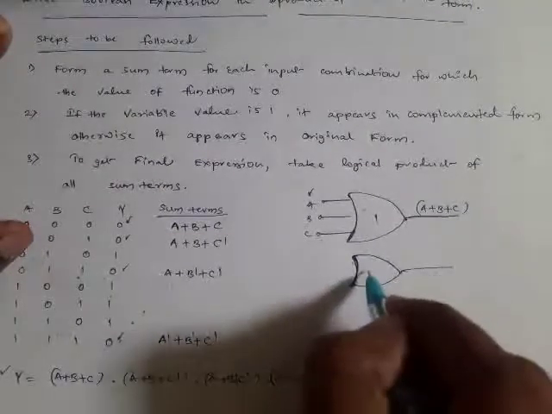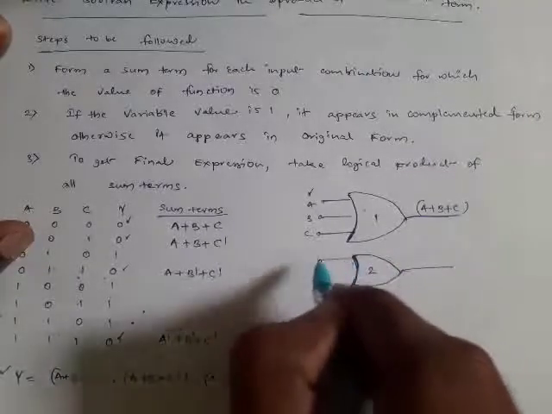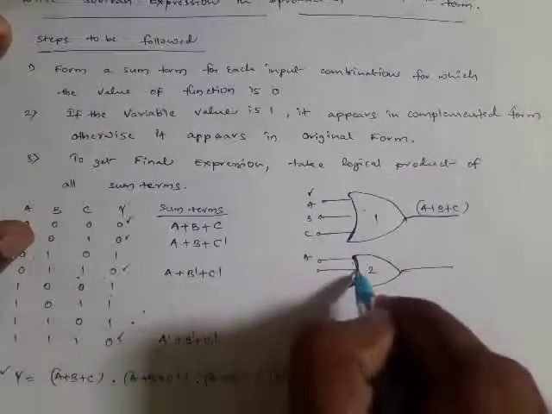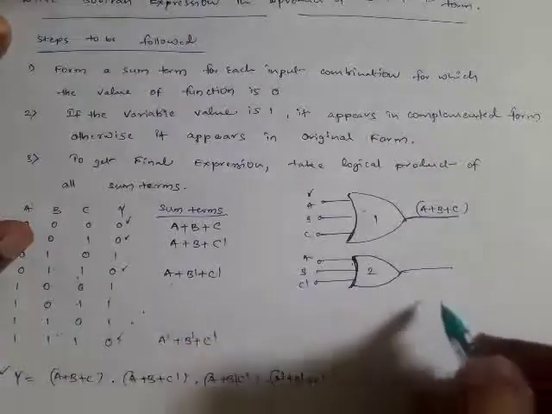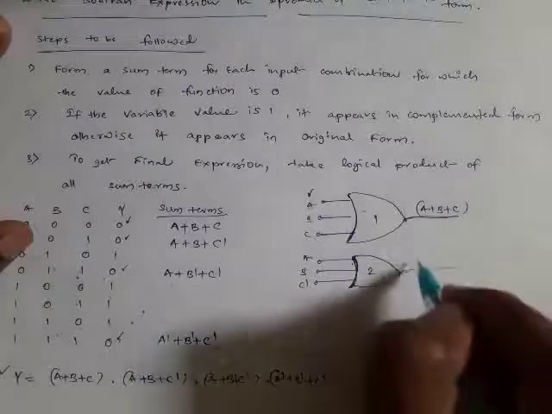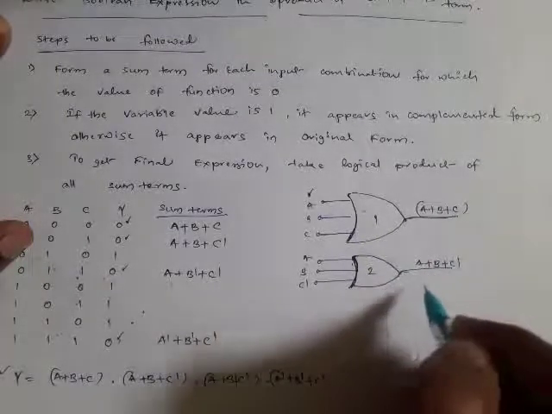So this is the second OR gate, which if we give the inputs as A and B and C bar, the output of this OR gate becomes A plus B plus C bar.